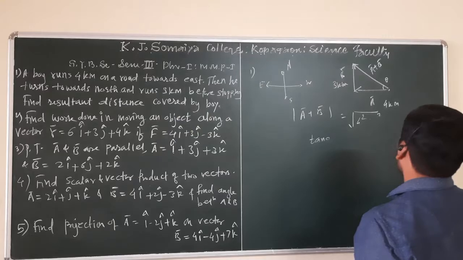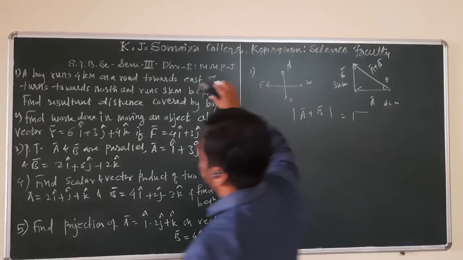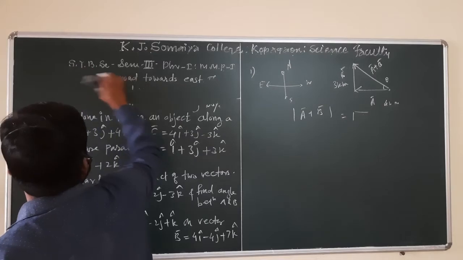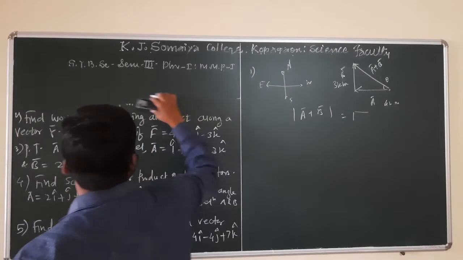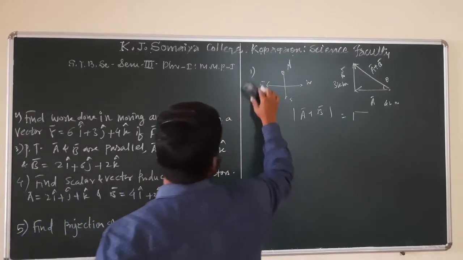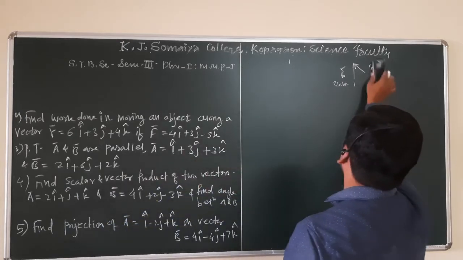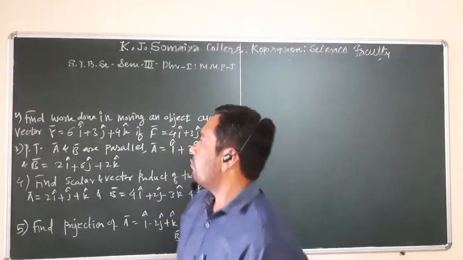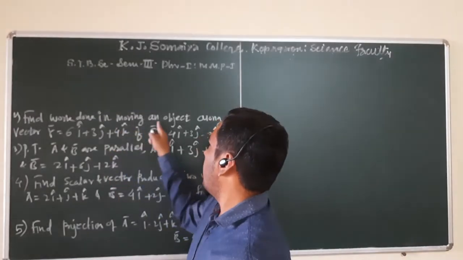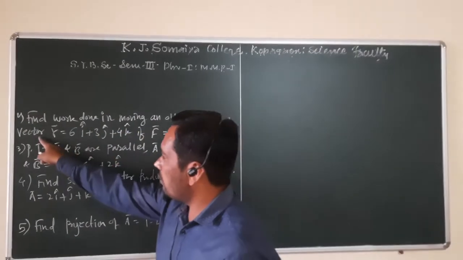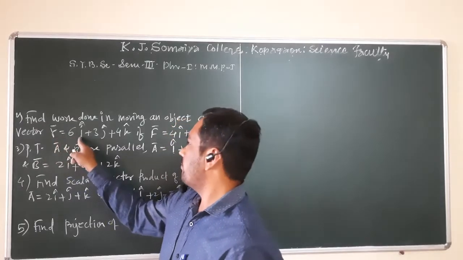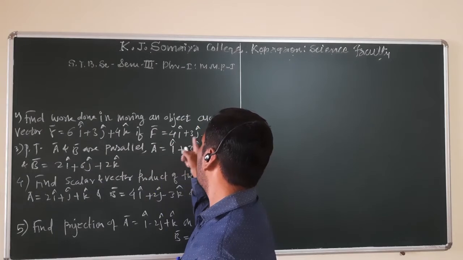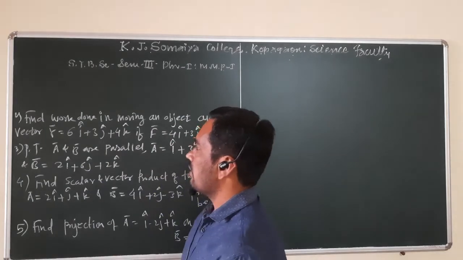Now we are moving to the second problem. Now the second problem is: find the work done in moving an object along a vector r, if the applied force is 4i plus 3j minus 3k.